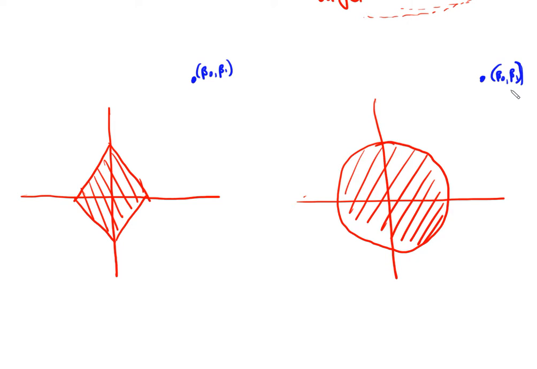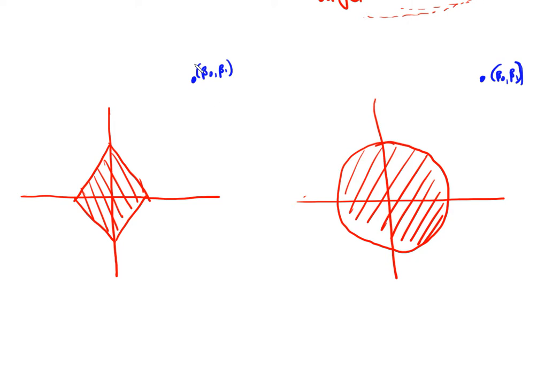Let's look for them. So what we are going to do is something called level sets. We are going to draw level sets. So a level set is a contour or a line or an ellipse. We can call it an ellipse, that connects values with the same RSS value.